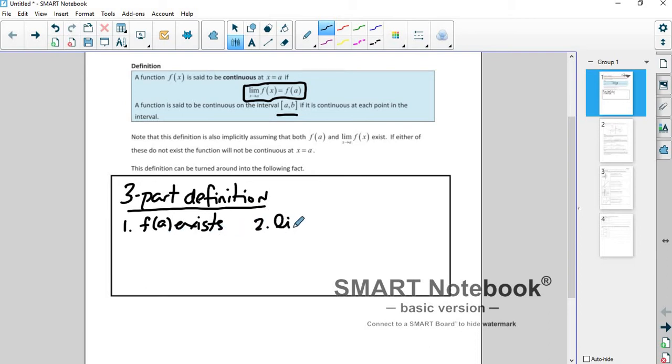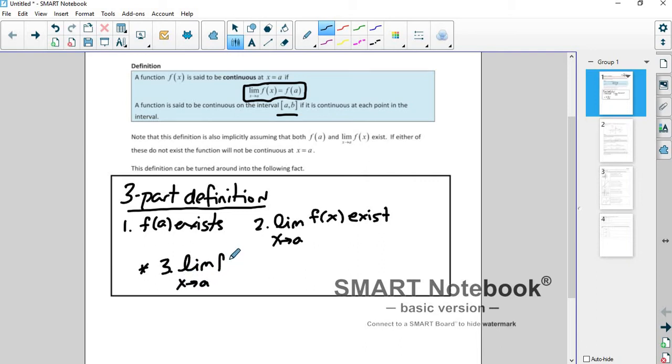The second thing is that the limit exists. The limit as x approaches a from both sides exists. So I want you to check if the function exists, if the limit exists, and then number three, this is the biggie. This is the one where the limit is the function value, okay?